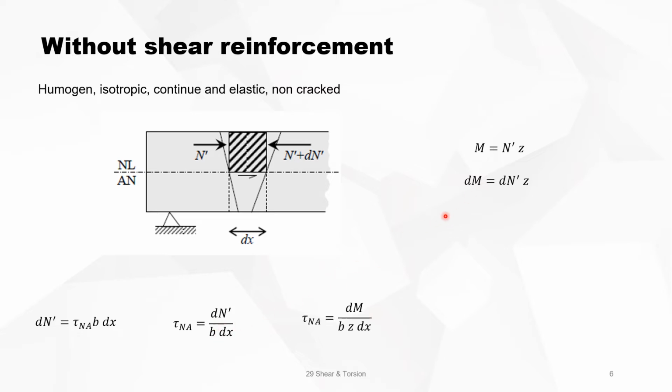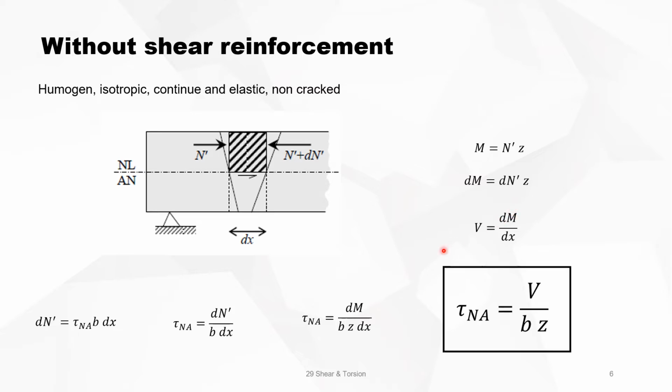So dN can be replaced by dM over z. But now we have dM over dx, and we know that this is the shear force. So the shear stress, tau, at the level of the neutral axis for this kind of material, non-cracked section, is the shear force divided by the cross-section b times z.